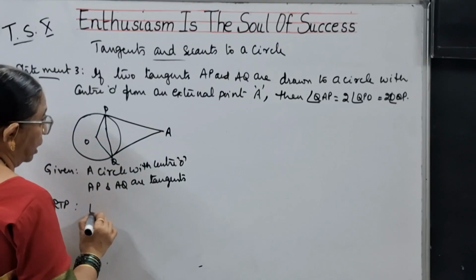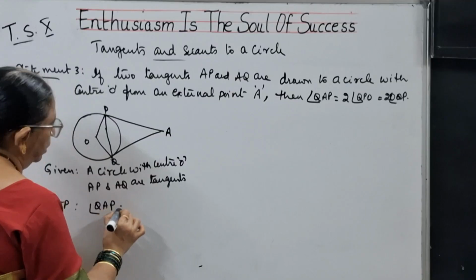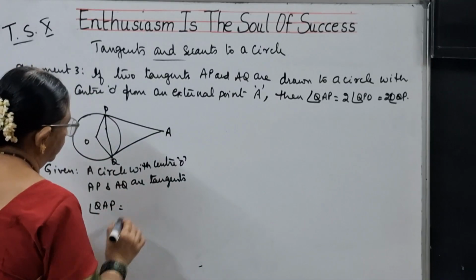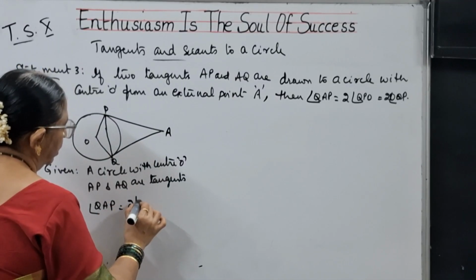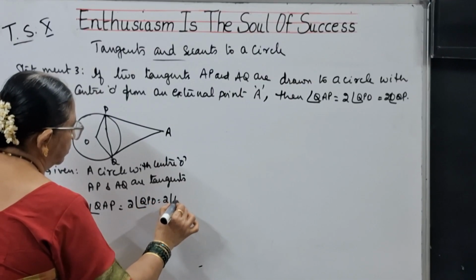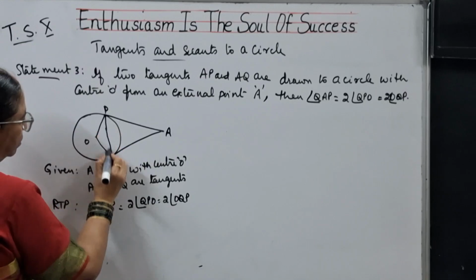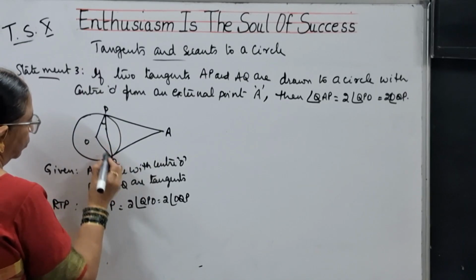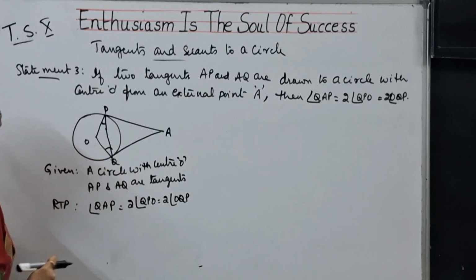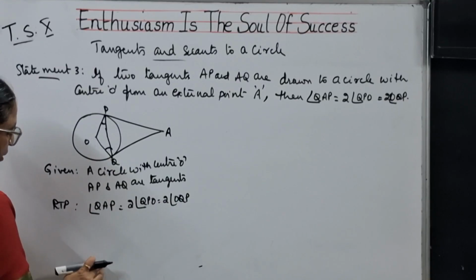You have to prove that angle QAP is equal to 2 times of angle QPO, that is equal to 2 times of angle OQP. QPO means this angle, children. OQP means this angle. That you need to prove. Now, here we take proof.